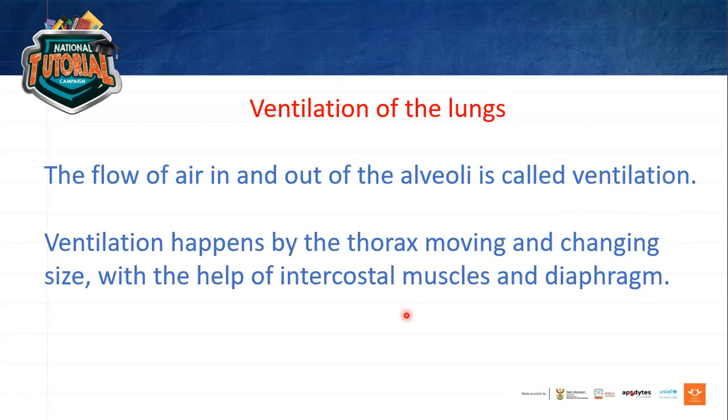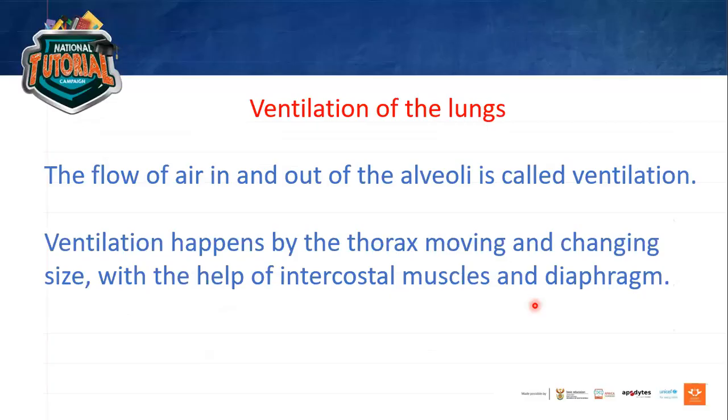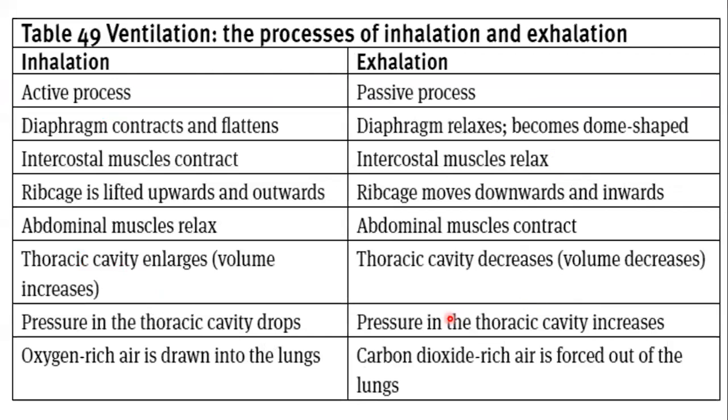This process happens by the thorax moving and changing size, with the help of the intercostal muscles and the diaphragm. Remember, with intercostal muscles, you've got the external intercostal muscles as well as the internal intercostal muscles, and the diaphragm. So the process of ventilation involves all of those structures.